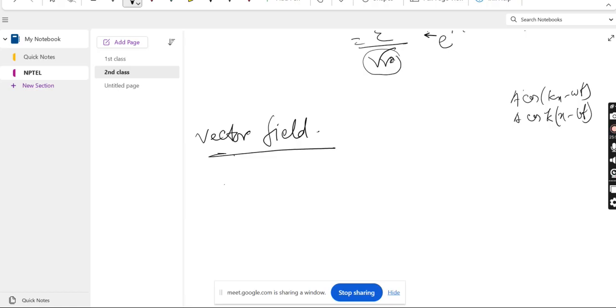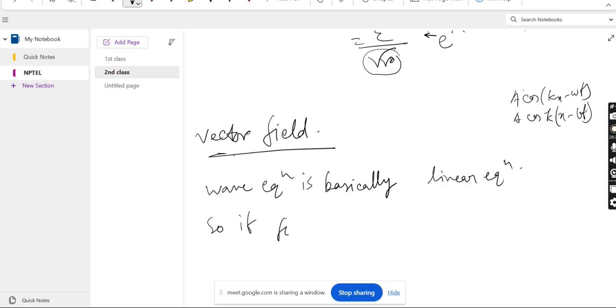And then we know that the wave equation is basically a linear equation. So it follows the superposition principle.